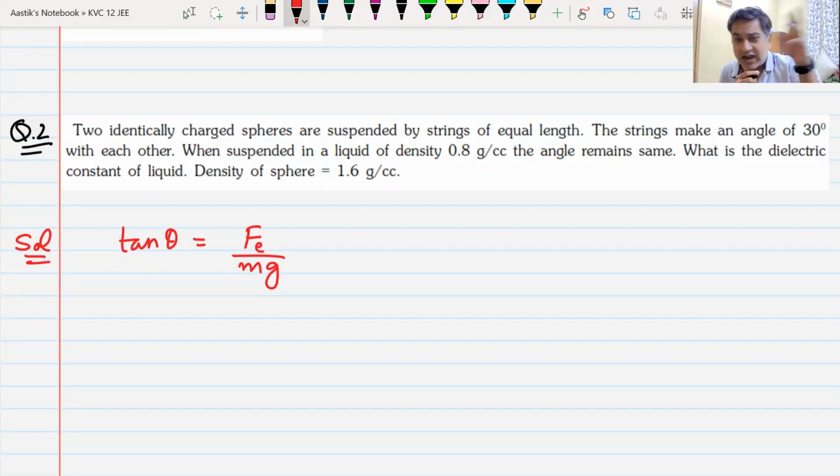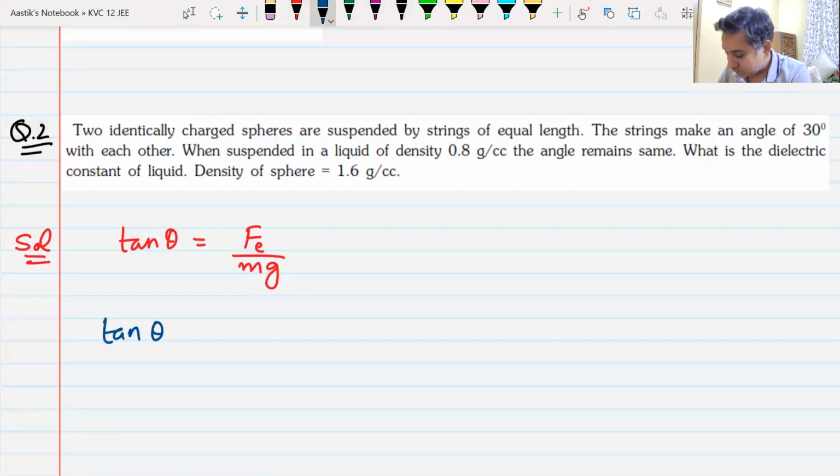Tan theta, that was half of the angle. It is not tan of 30, it is tan of 15. We understand this, tan of 15? Now, in the first case, angles remain the same. So in the first case, this tan theta is equal to the force in vacuum divided by mass into g.